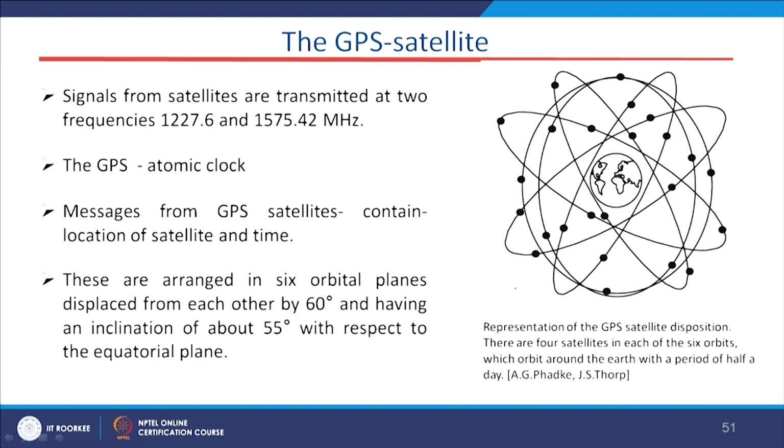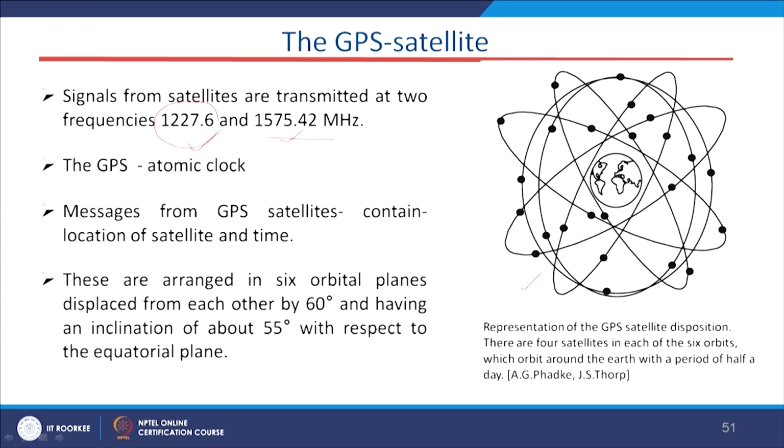And for GPS, we have already discussed that GPS basically transmits 2 frequencies. The first one is 1227.6 and the second one is 1575.42 megahertz. These two are the frequencies transmitted by GPS technology.